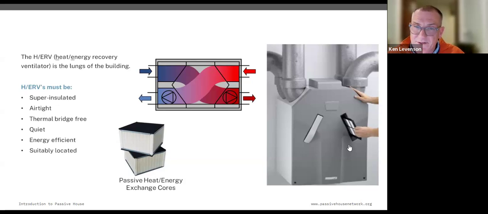You have to change the filters. So one thing, we're typically seeing them changed quarterly, but if you're in heavy use, it may need to be more regularly. They can be washed and changed, but bought new after several rounds.